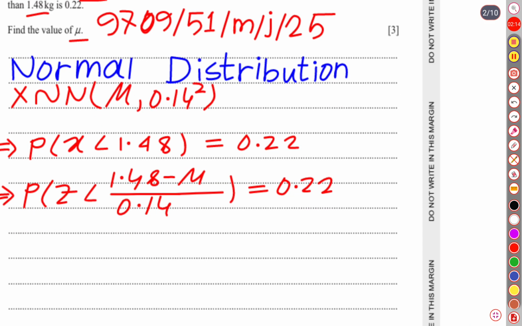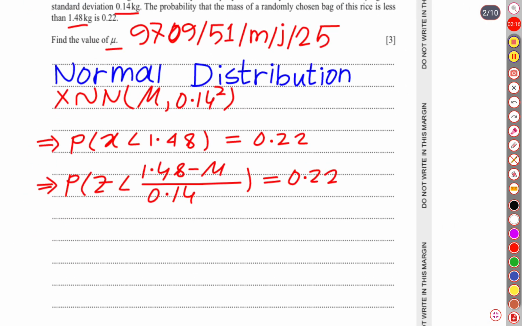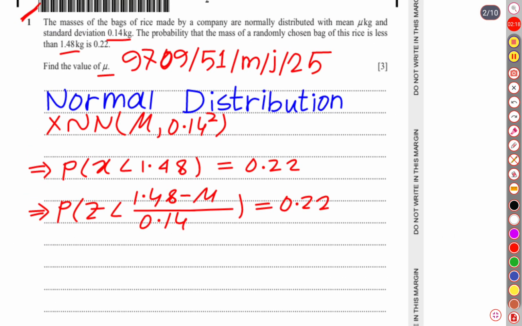Now we will analyze the question. If we analyze the question, we will see our probability is a tiny part of the normal graph. So for the probability of z, first of all we'll have to determine the side or direction of the z-score.